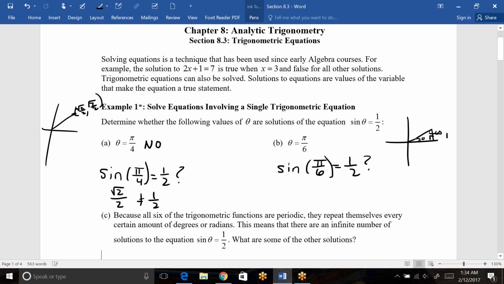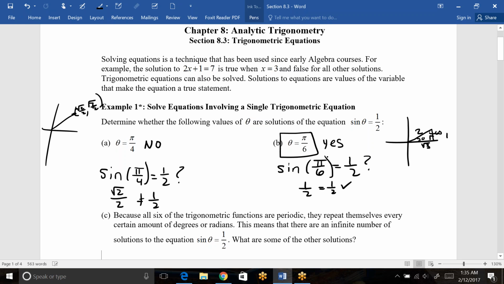So that's 1, 2, and square root of 3. So yes, sine here is opposite over hypotenuse, so it is 1/2. And again, if you have your unit circle memorized, which you should get memorized, pretty much for any test in this class, this is definitely equal to this. So this is a solution to that equation.